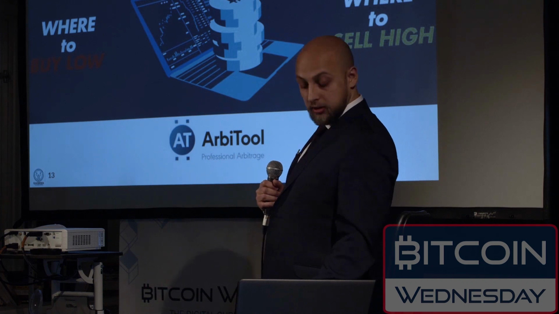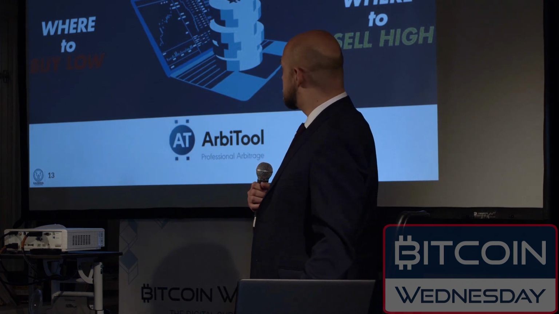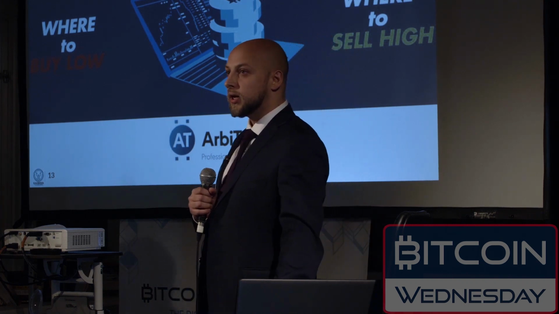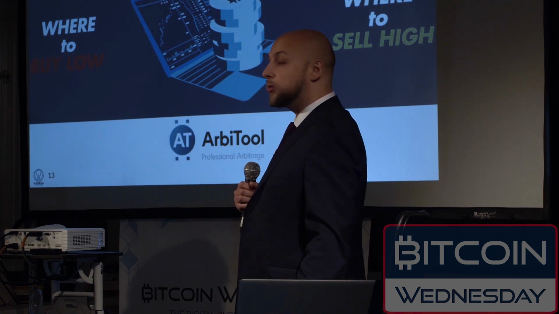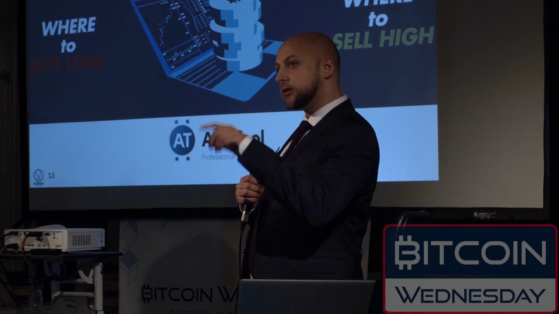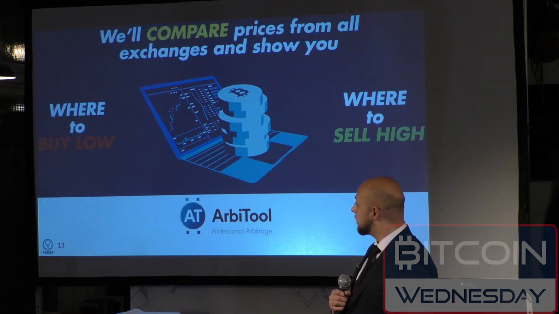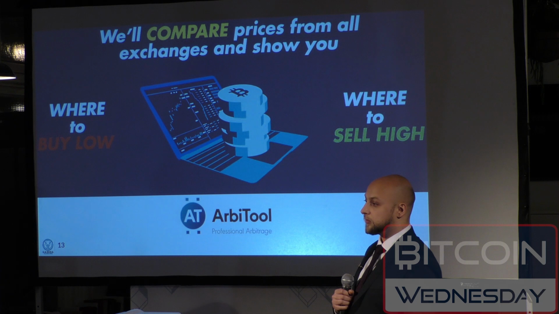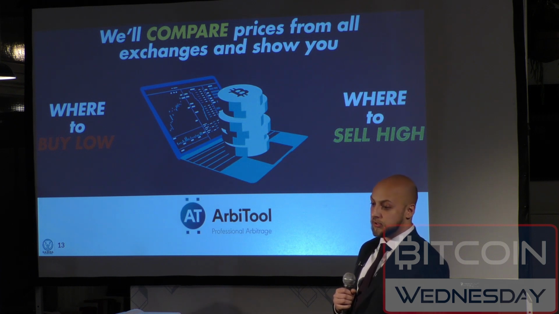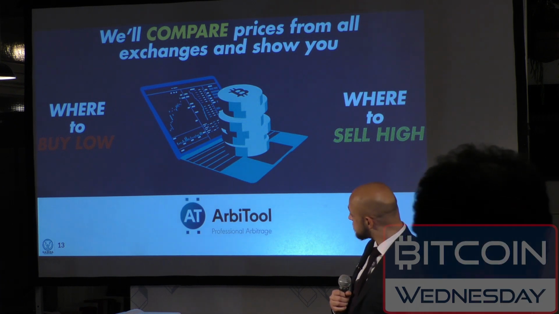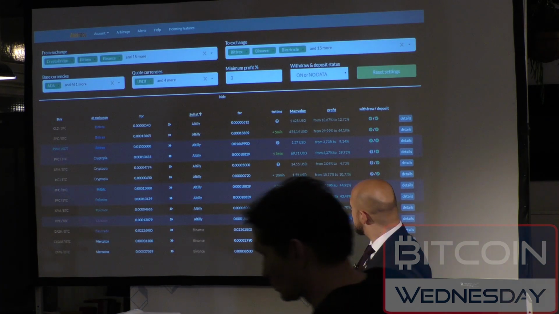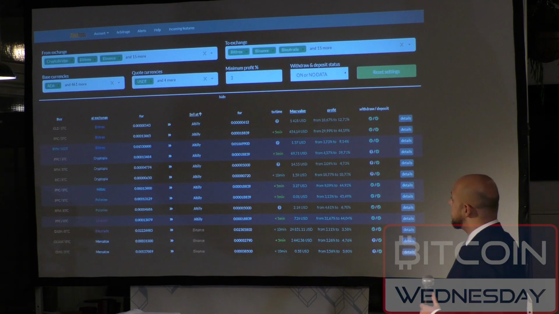I also deliver information about withdraw fees and a profit calculator, so you can calculate the withdraw fees because they're imported from exchanges, and you can calculate if the opportunity is really profitable. Here is a screenshot of my tool.